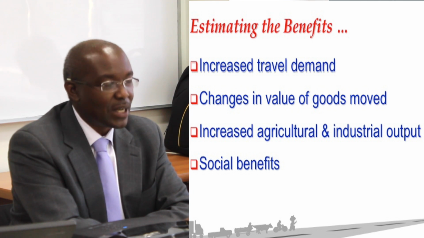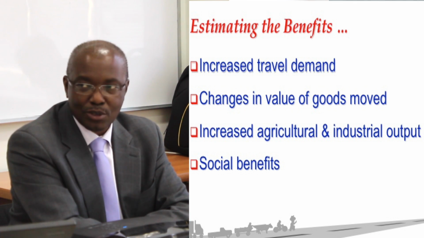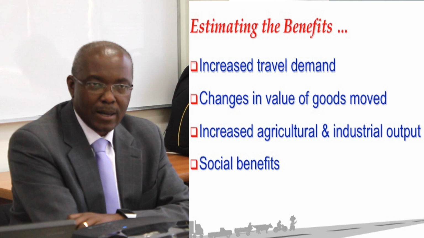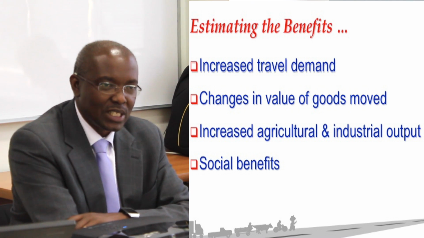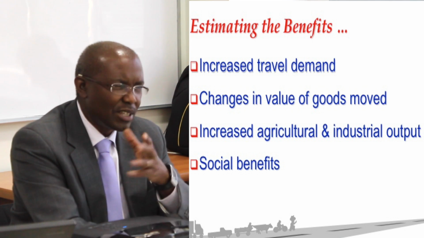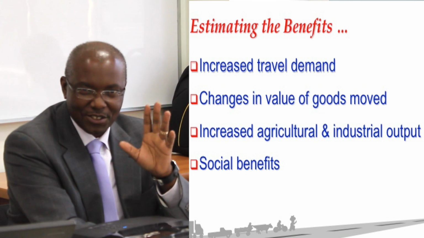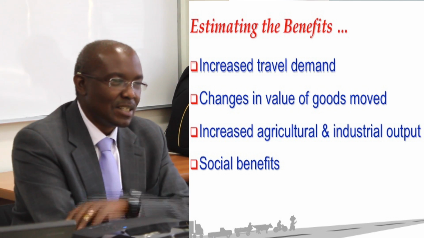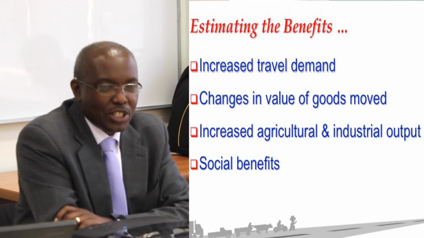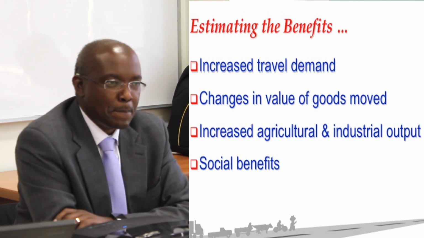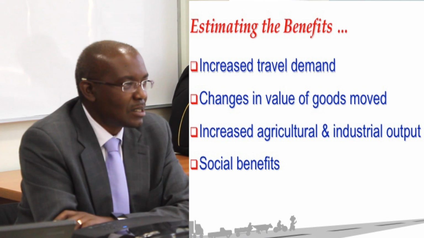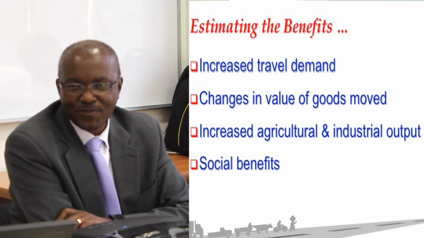You also have other benefits like changes in the values of goods moved. So a typical example would be at the moment, because the road is in such poor condition. I'm going to give a really stupid example, okay, so you understand what the issue is. Because the road is in such poor condition, people may decide to, let's say, fly some goods.